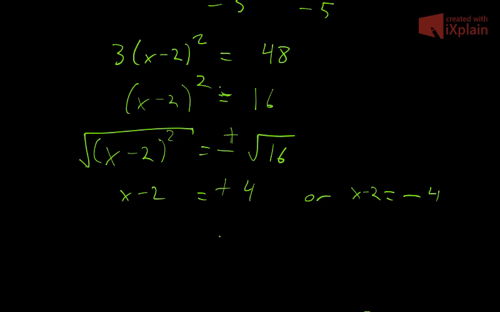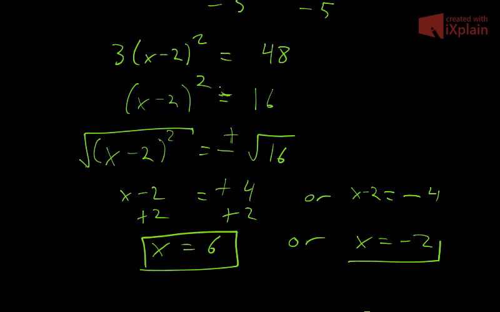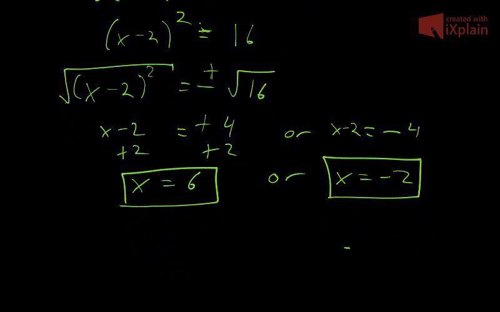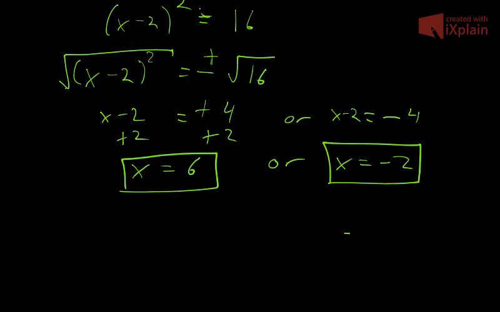So x minus 2 now has to equal either positive 4 or negative 4. So if I add 2 to both sides, I would get x equals 6, or on this side, x equals negative 2. So x equals 6 over here, x equals negative 2 over there, and just like that, we are all finished.